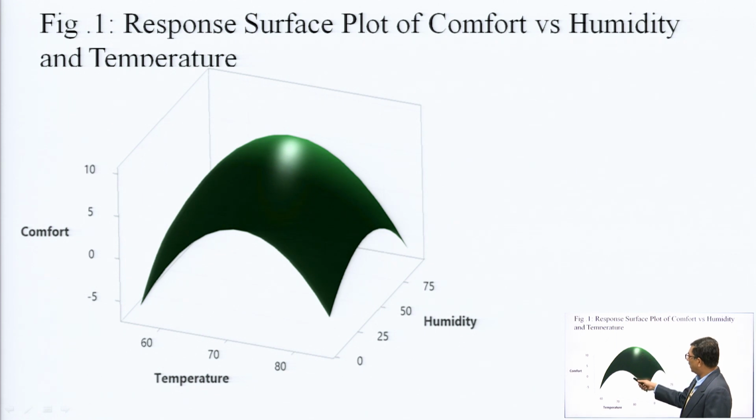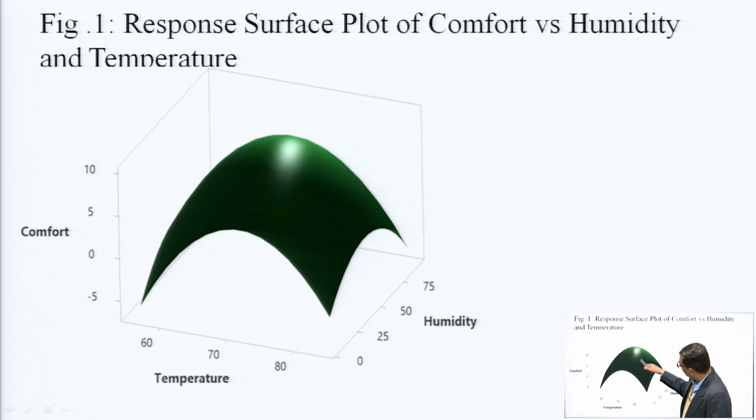We observe that the maximum comfort on this surface is from approximately 60 to 78, or 76 or 75, more than 75. So, for maximum comfort the temperature is more than 65.